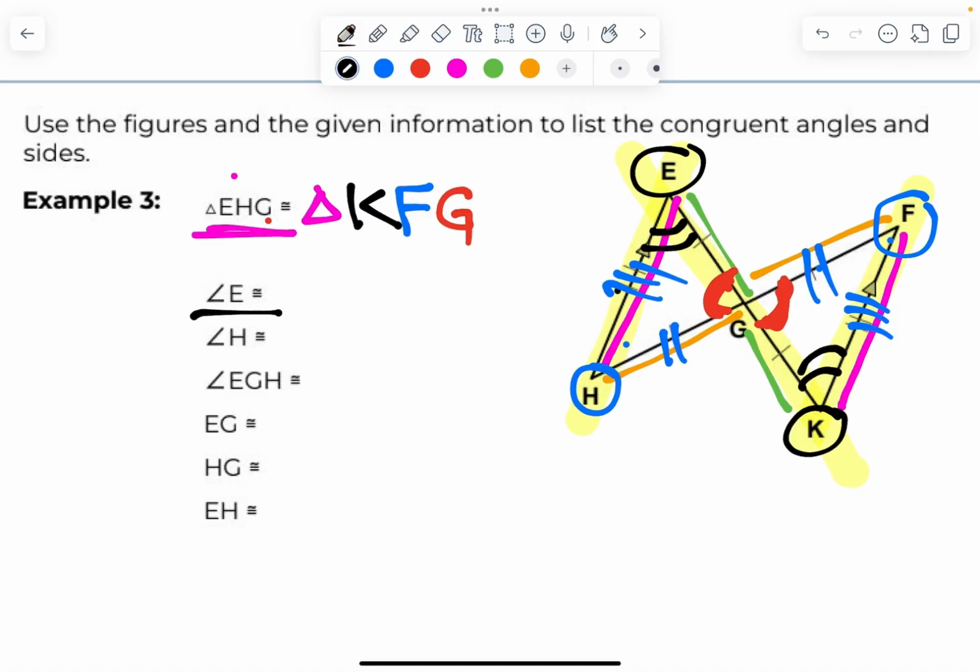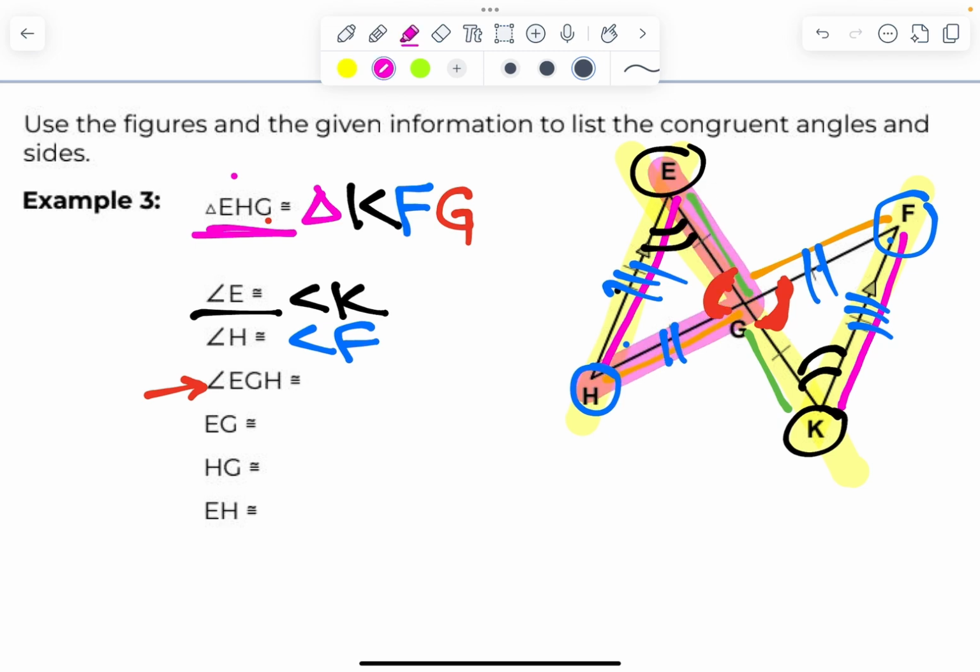Angle E, we circled in that black color, matched angle K. Angle H matched angle F. And the next angle is given, and I know it's an angle because it has the angle symbol on it, EGH. So if I want to trace EGH, it's going to be the red one in the middle that we made vertical with the other one.